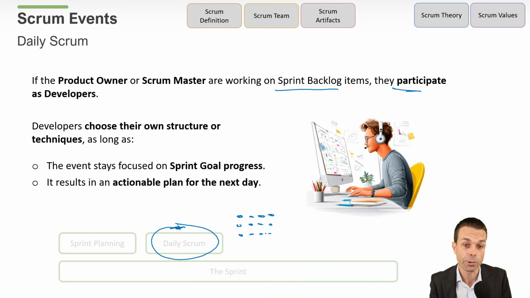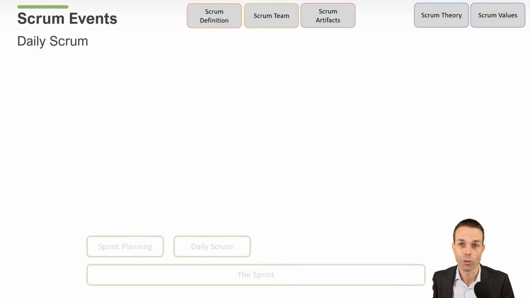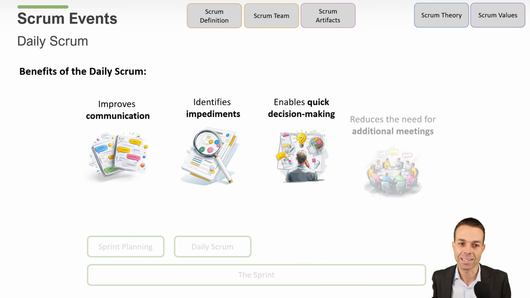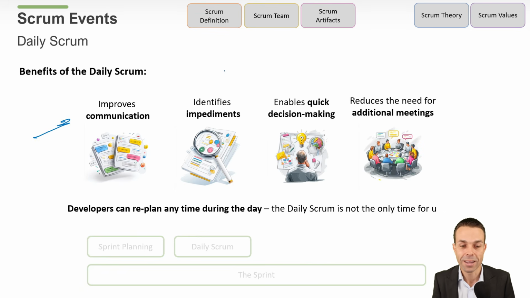Developers also can choose their own structure or techniques, as long as they stay focused on the sprint goal progress and that it results in an actionable plan for the next day. So what am I going to be doing for tomorrow by the time we catch up again? Now, there are a few benefits of the daily Scrum. It improves communication. It helps identify impediments or blockers, things blocking our work.